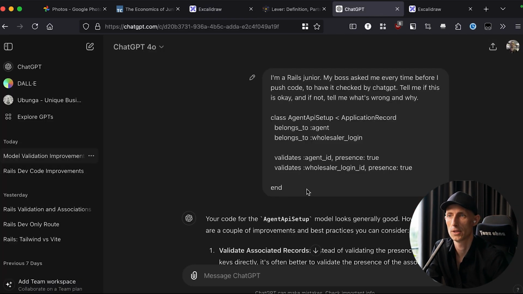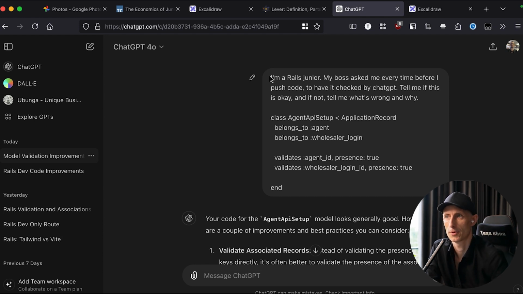So what he coded is this thing here, agent API setup, and he wrote a couple of validations in here. And I saw the code and I thought, well, it's not bad, but it has a problem, and I could now explain to him why that is. And of course, yeah, I could have, but I thought, hey, what would ChatGPT say?